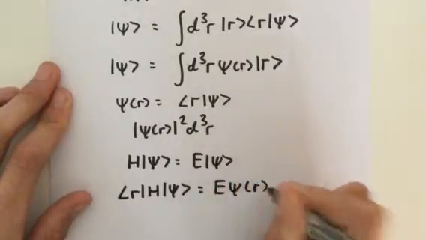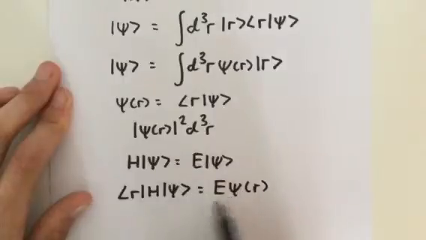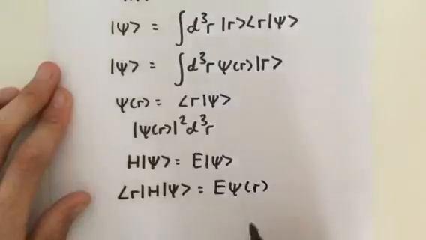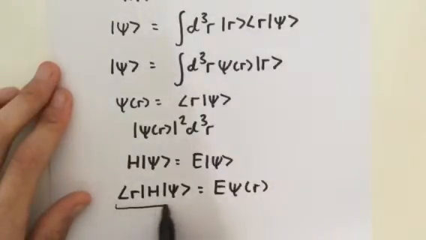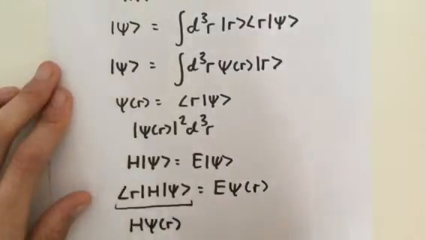This is not equal to that, but we can write it as the following. What is r H psi? It's equal to H psi r, H acting on the wave function. Remember, H is the Hamiltonian. The Hamiltonian operator H is the total energy of the system.